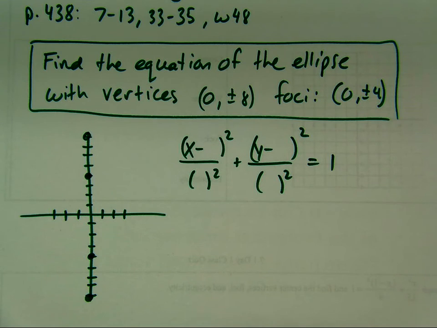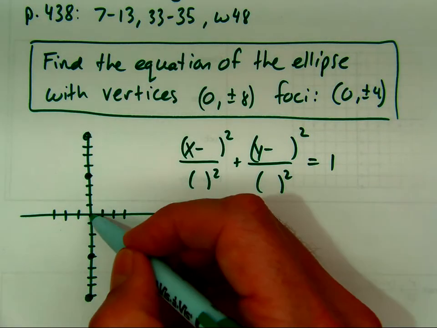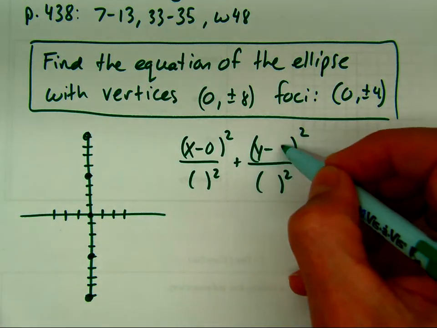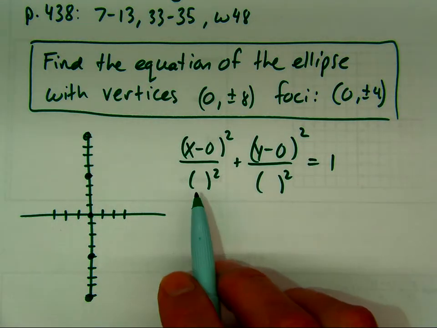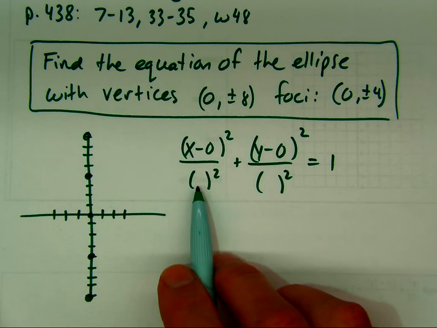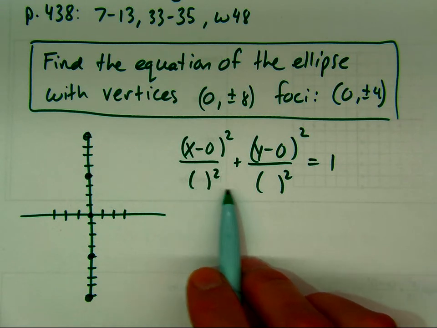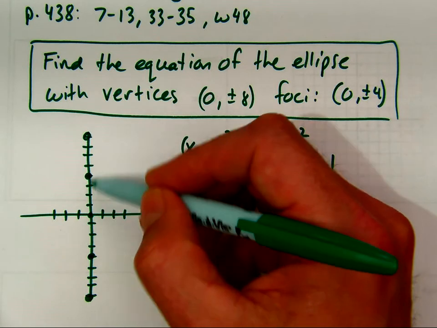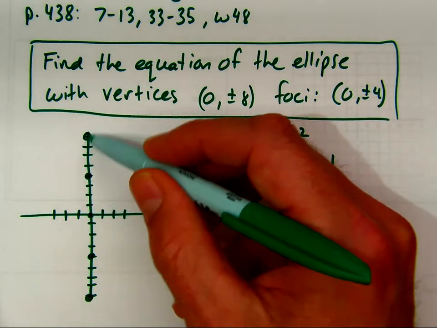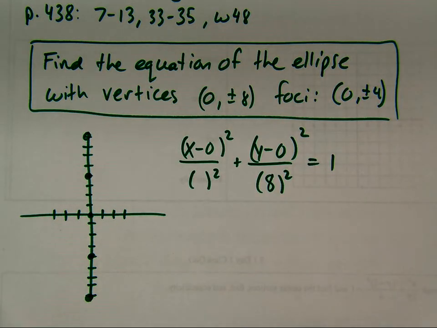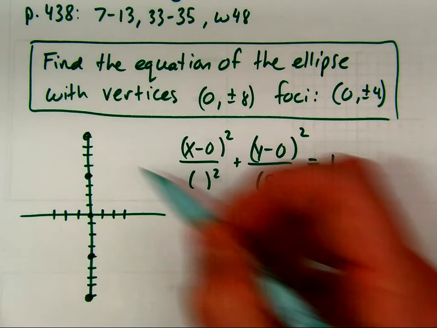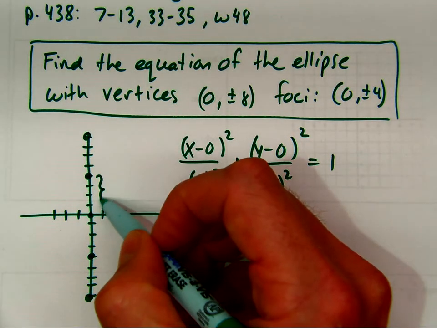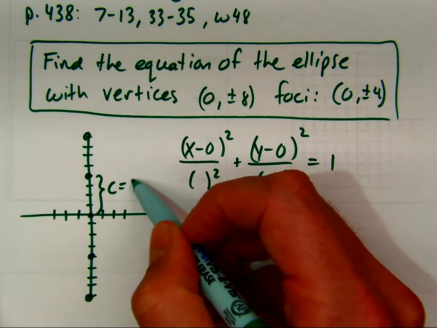And we already know that the center is between the two vertices, and that means we have zeros there. We need to have the horizontal distance. We already know the vertical distance because that is 8. So this is going to be 8 for the vertical distance from the center to a vertex. And we know C. C is 4.